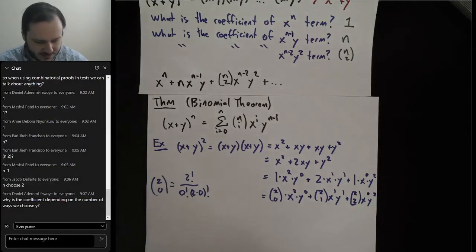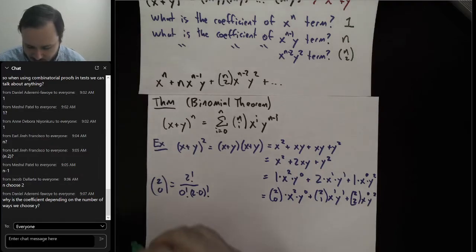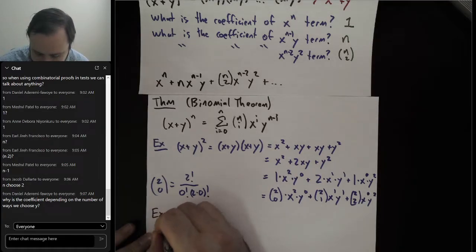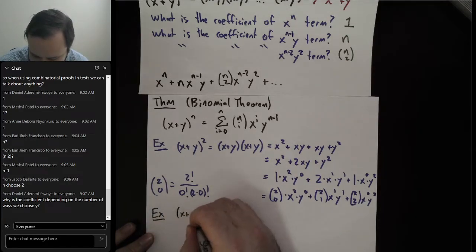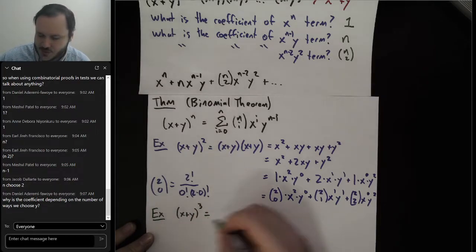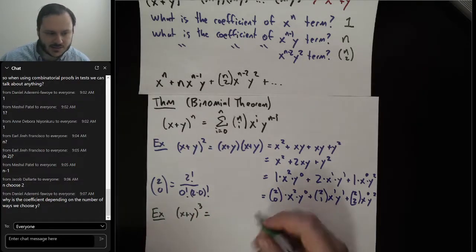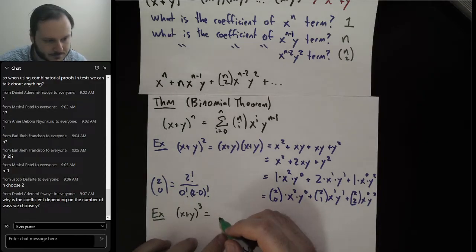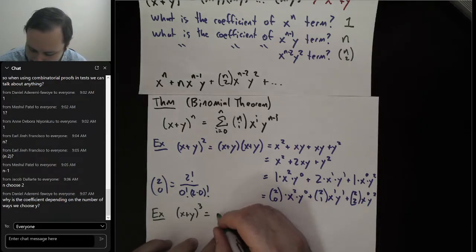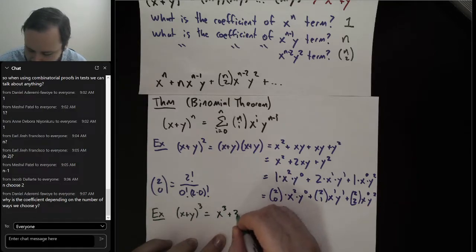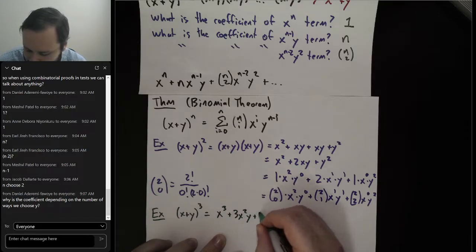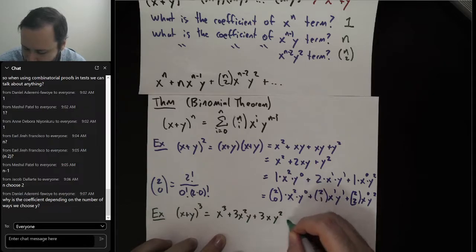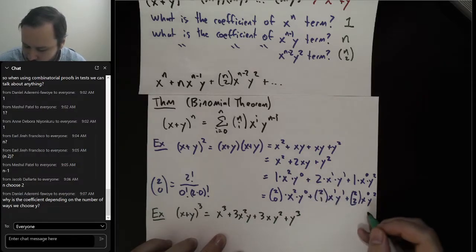And just for completeness, let's do it with x cubed as well. x cubed, you might have this one memorized. Is x cubed plus 3x squared y plus 3xy squared plus y cubed.